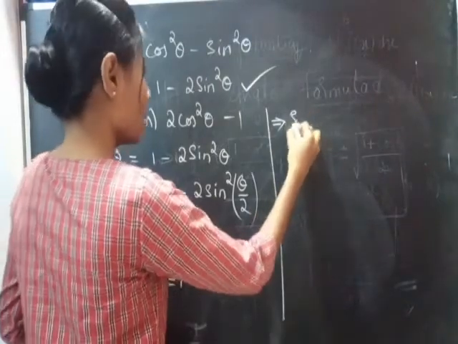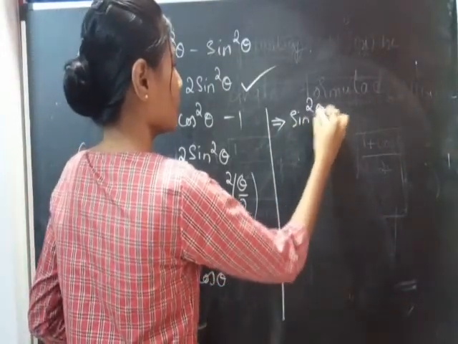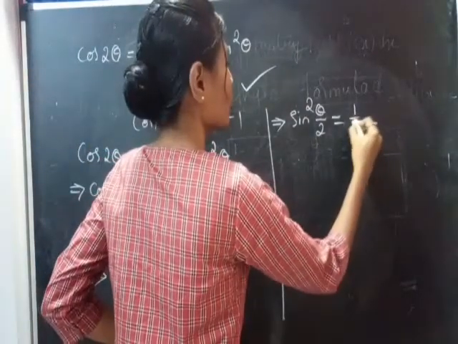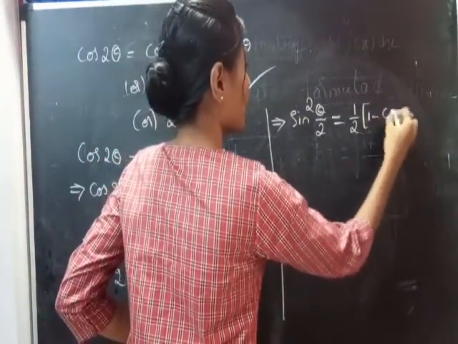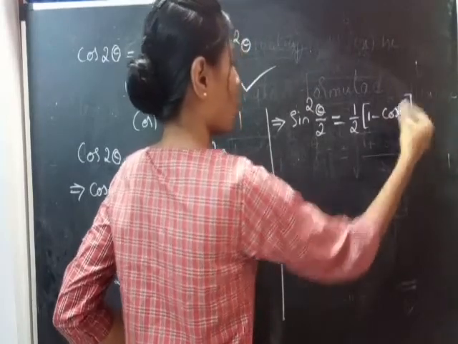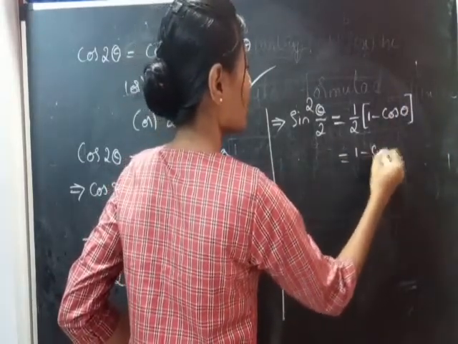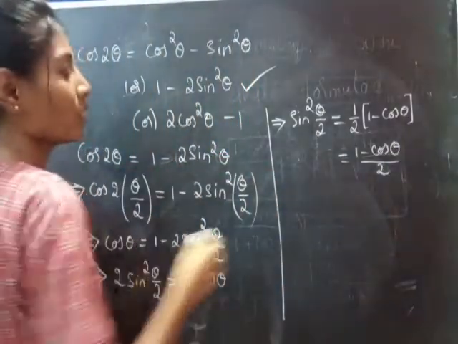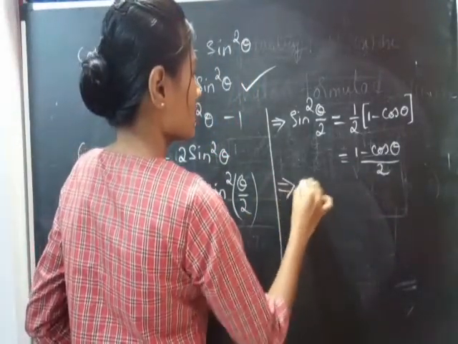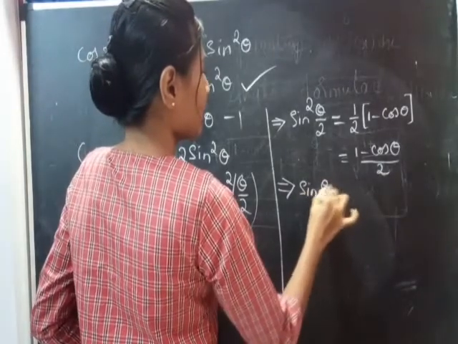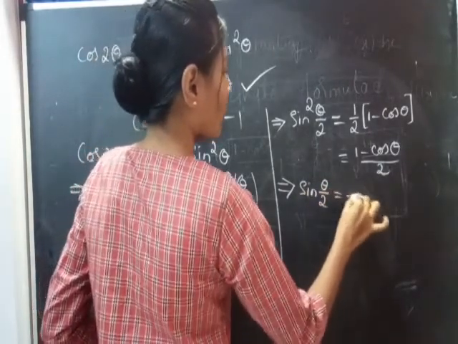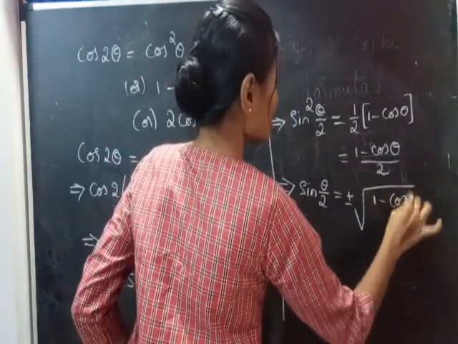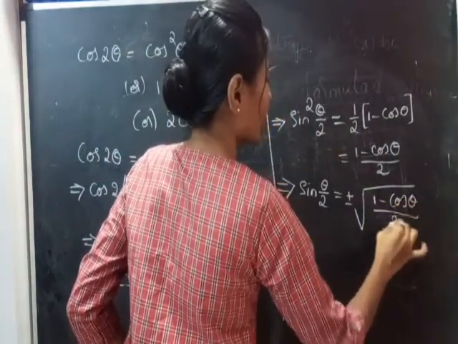That is, sine square theta by 2 is equal to 1 by 2 into 1 minus cos theta, or else you can write it as 1 minus cos theta by 2. Okay. So this implies sine theta by 2 is equal to plus or minus root over 1 minus cos theta by 2.